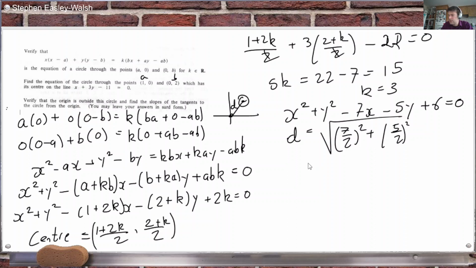That is, what's that? Root 49 plus 25, 74 over 2.